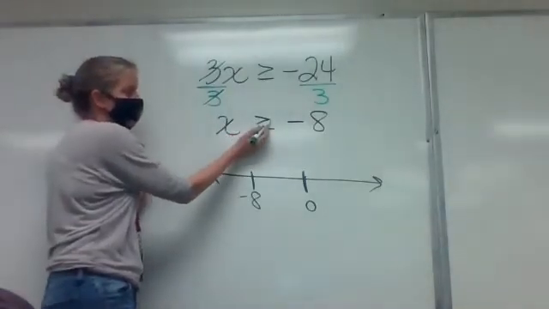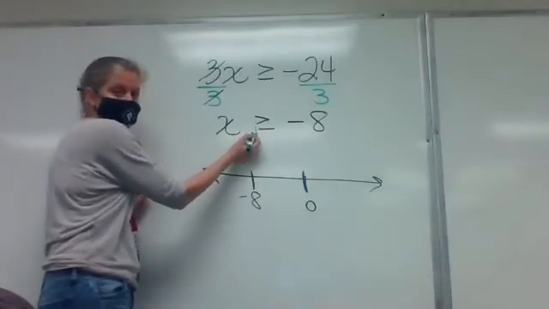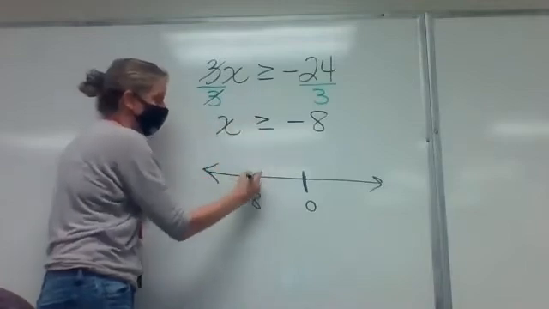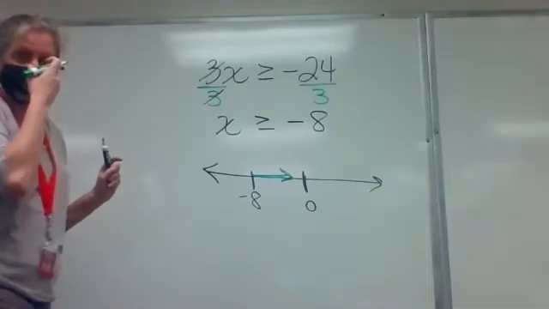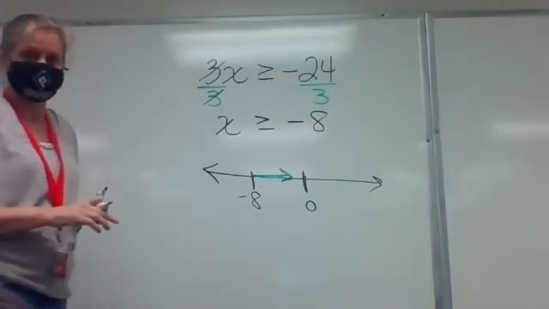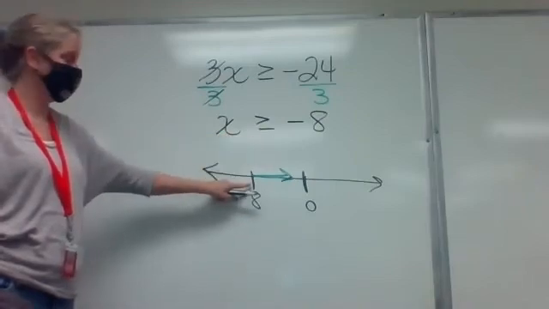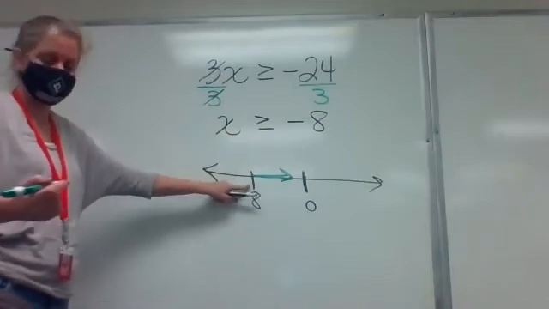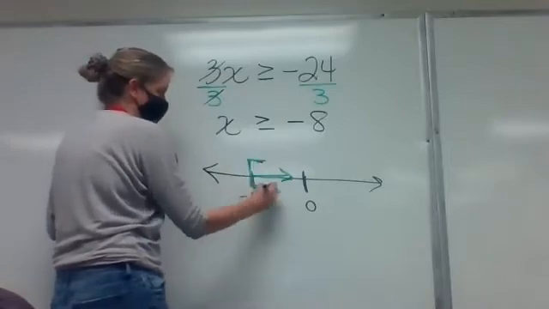Again, you can draw your arrow in the same direction as this arrow. So greater than negative 8 means this side of negative 8. Equal to bar means bracket. So the bracket goes the same way as your arrow.